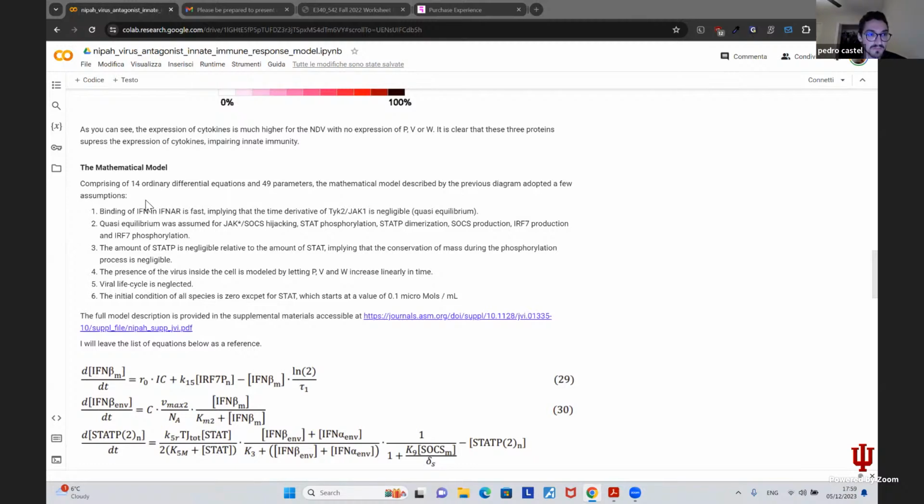There are some assumptions. The most basic assumption here is that binding of interferon to the interferon receptor is very fast, which means that the time derivative of the tyrosine kinase 2 JAK1 is negligible.